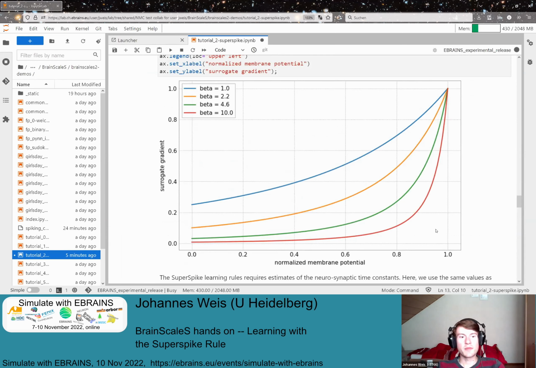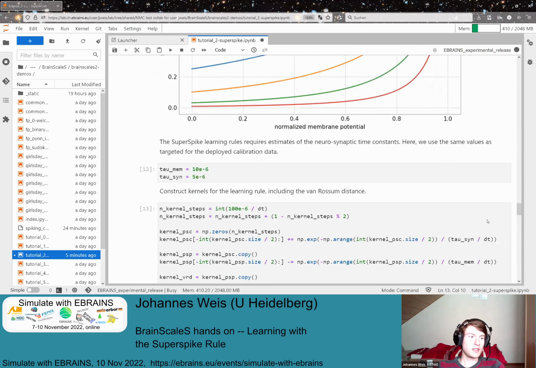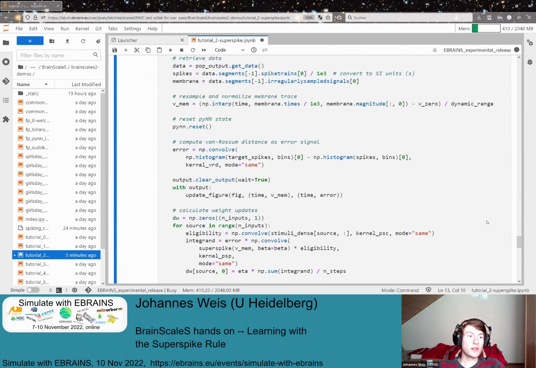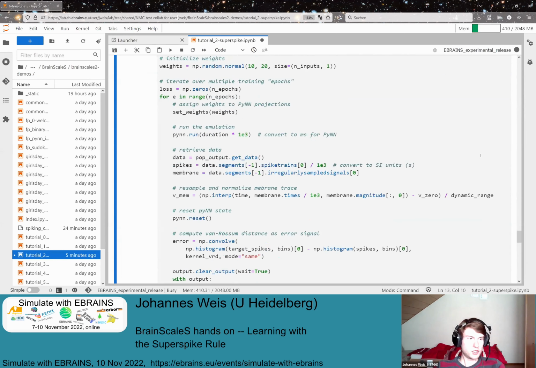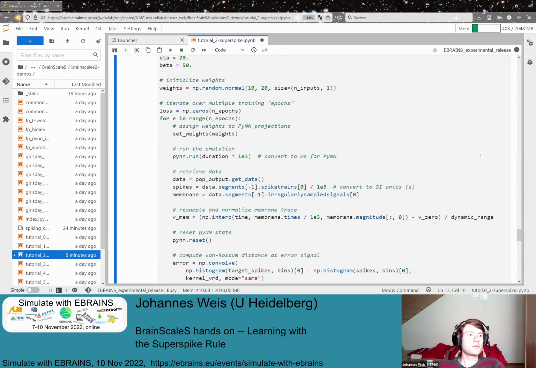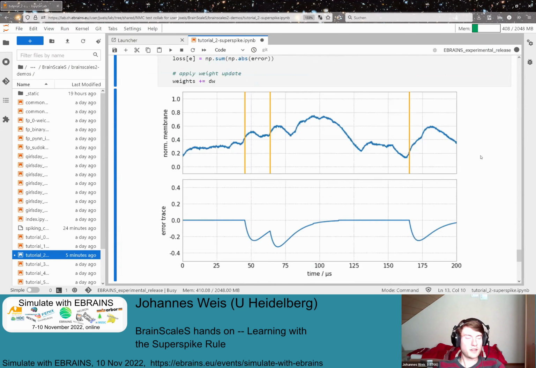And basically, if the membrane potential is not very close to the threshold already, the rate updates become very small. So eventually, this will also converge, but not within the same time that it did previously. So this is just a quick remark on how the parameter beta affects our training.